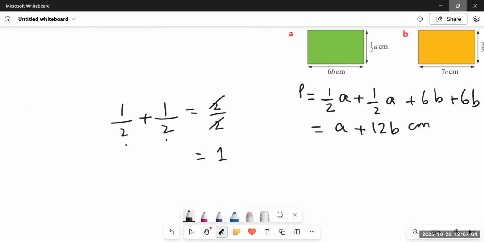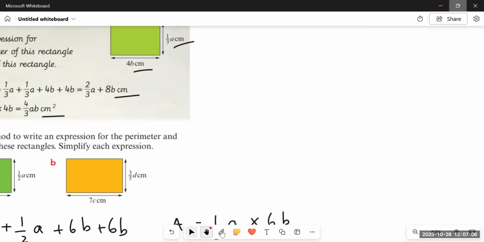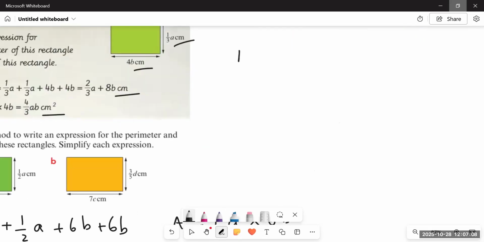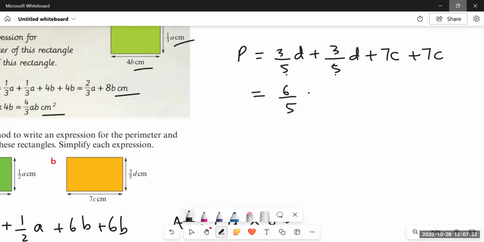Okay. Now the next one is part B, where perimeter is equal to 3 over 5d plus 3 over 5d plus 7c plus 7c. Since the denominators are the same, we can add 3 with 3. It will give us 6 over 5d plus 7c plus 7c. 7 plus 7 is 14c.